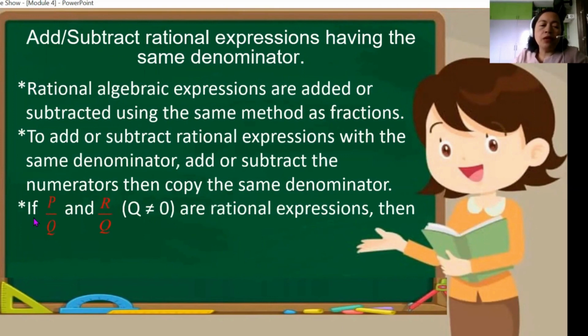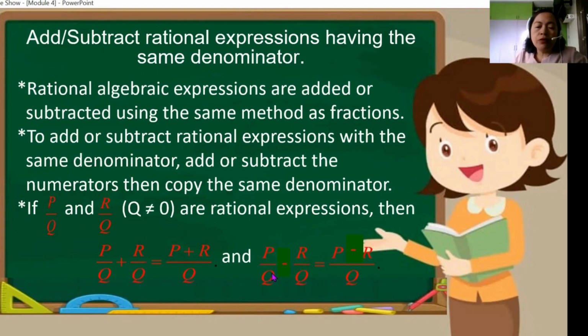For example, if P over Q and R over Q, where the denominators Q are not equal to 0, are rational expressions, then P over Q plus R over Q equals P plus R over Q. So, i-add lang natin yung numerators and then i-copy lang natin yung same or common denominator. And if we are subtracting P over Q minus R over Q, this is equal to P minus R over Q, our common denominator Q.